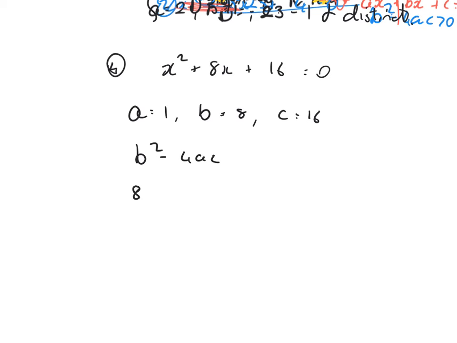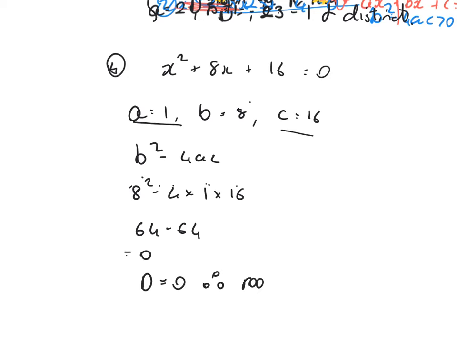So that's 8 squared minus 4 times a, which is 1, times c, which is 16. Okay, 8 squared is 64. Minus 4 times 1 is minus 4. Minus 4 times 16, take your time, that's minus 64, and that's 0. Okay, D equals 0. Therefore, the roots are real and equal, and we're taking that straight from our notes on the conditions of the discriminant.